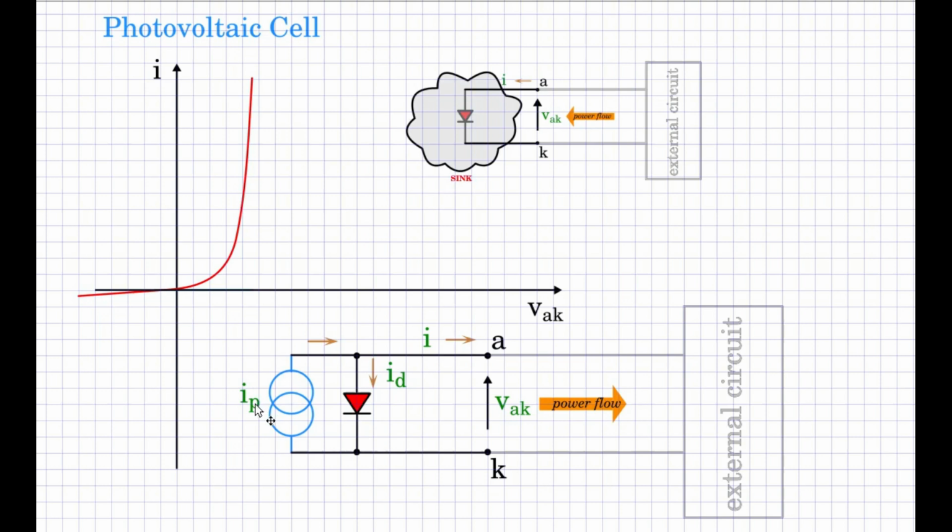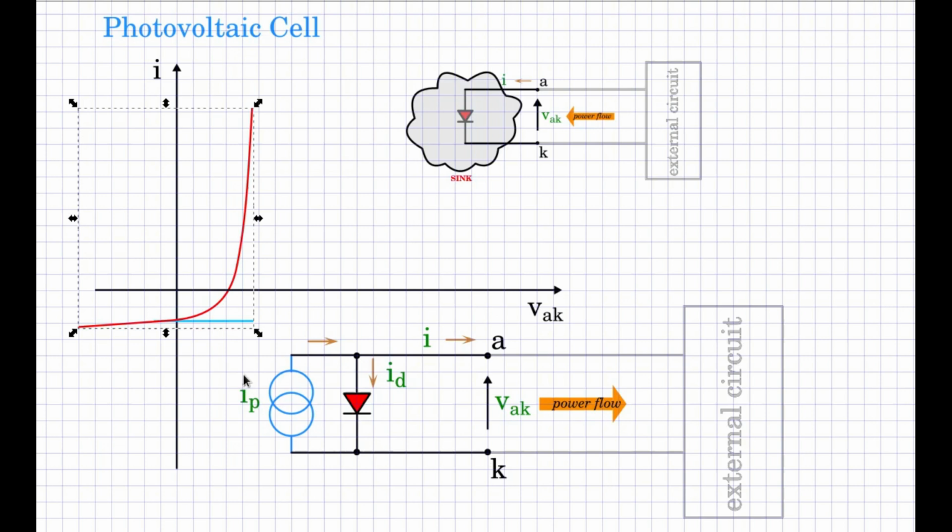If IP is 0, that is under dark condition, the characteristic is like this with the bias at the x-axis line. As the light intensity increases, the photocurrent IP increases, and this whole characteristic starts coming down by an amount equivalent to the photocurrent. So increasing IP would mean shifting of the characteristic like this.